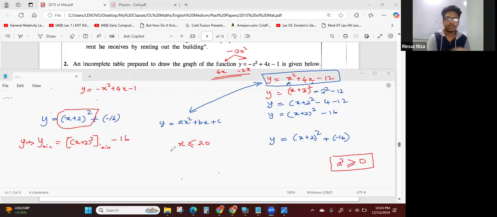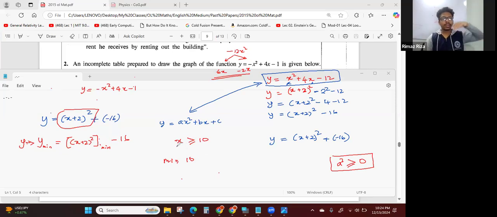I'll give you some exam questions. You have to say whether it has a maximum or minimum. For example, this one I write: x is greater than or equal to 10. So here there is a minimum, and the minimum value is 10. Right?